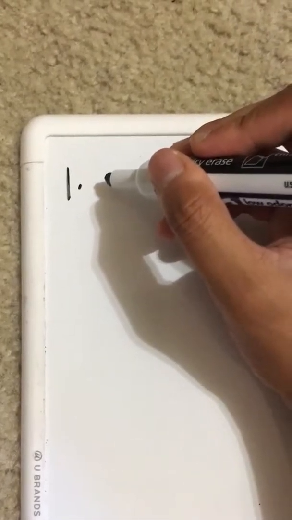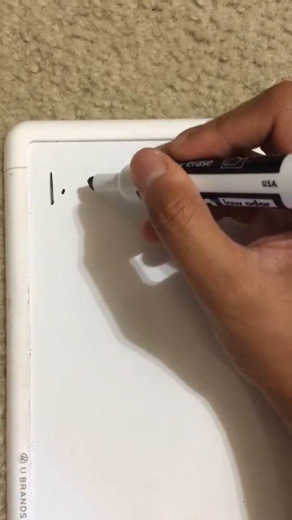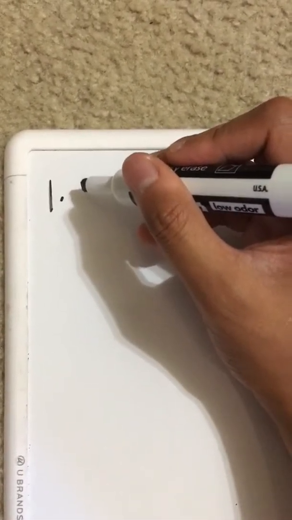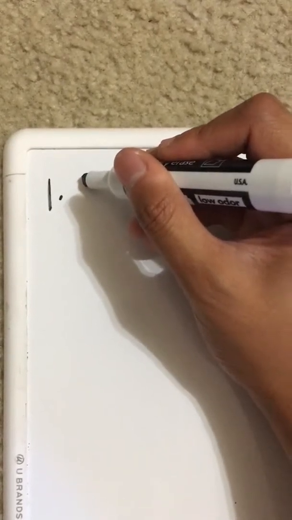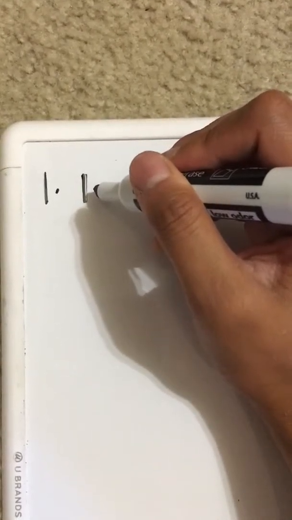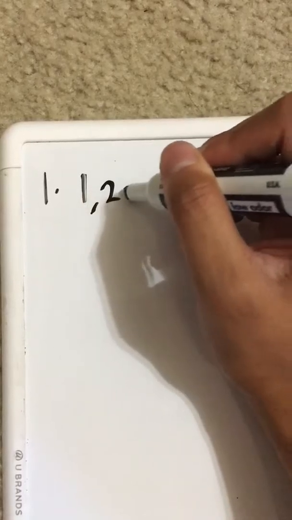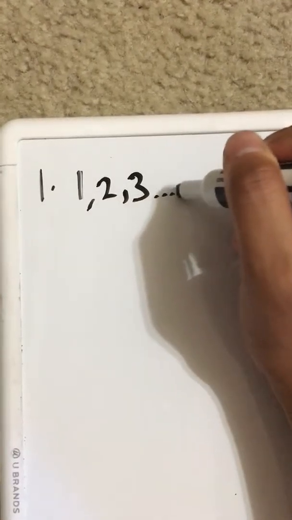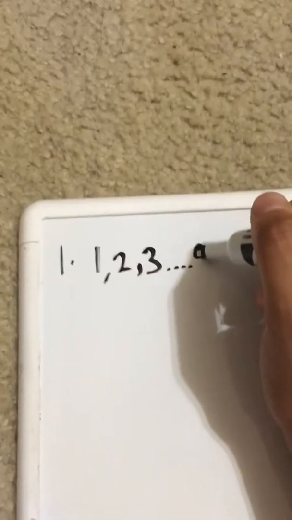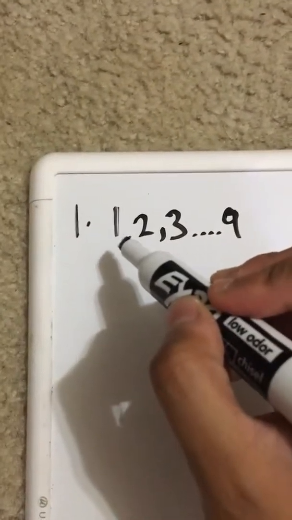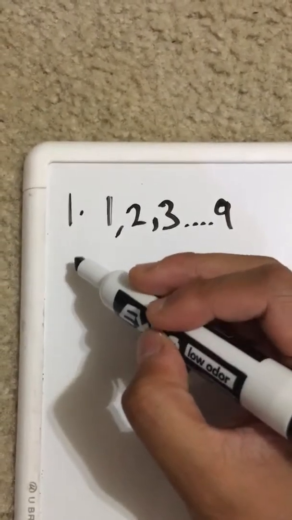The first rule is that anything that is significant can be non-zero, which is 1, 2, 3, all the way to 9. Any of these numbers are significant.